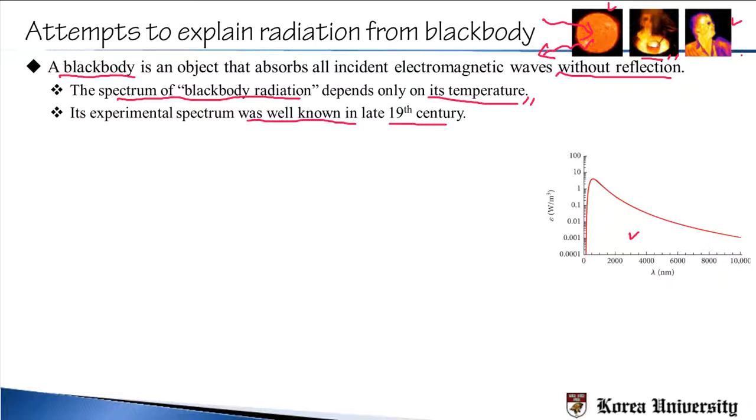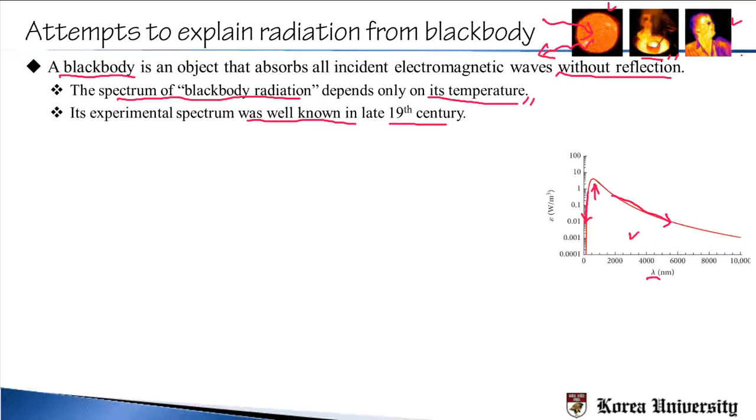If you measure the spectrum as a function of wavelength and try to measure how strong the radiation comes out, it looked like this. There was a peak at a certain wavelength, and if you go to higher wavelengths, it was going down slowly, and if you go to smaller wavelengths, it was going down quickly. This was already very well known.